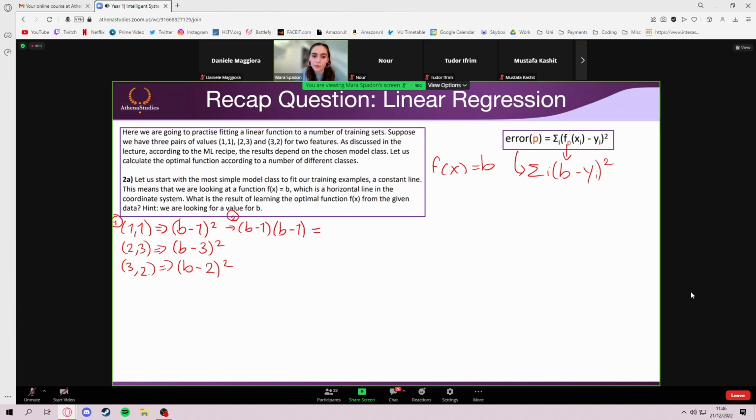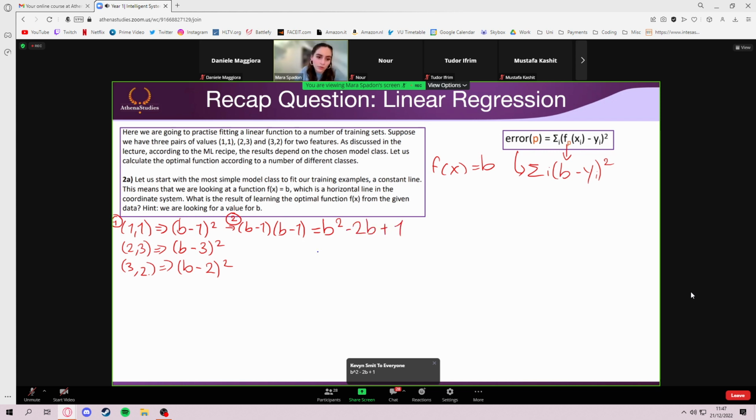Do you remember how to do this from high school? It's b times b, b times minus 1. You have to multiply these accordingly. Yes, exactly. I see b squared minus 2b plus 1.